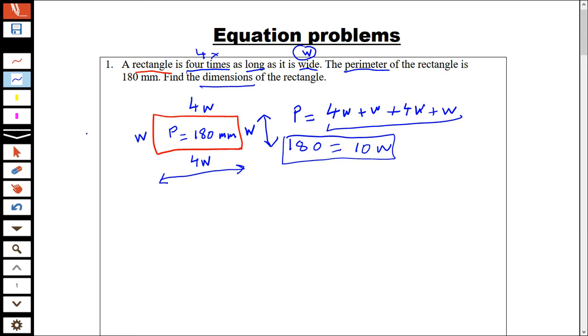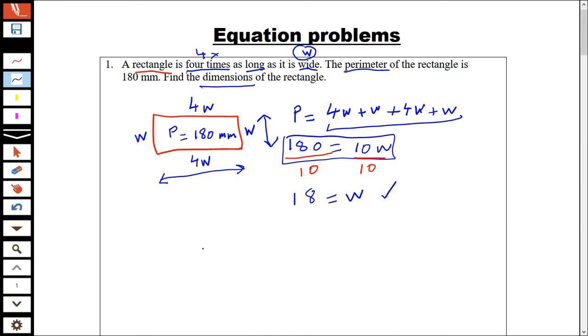Well, what I can do next is divide both sides by 10. That's going to give you 18 is equal to W. Now, that's the correct answer for the width. Obviously it's 18 millimeters, but it says the dimensions.